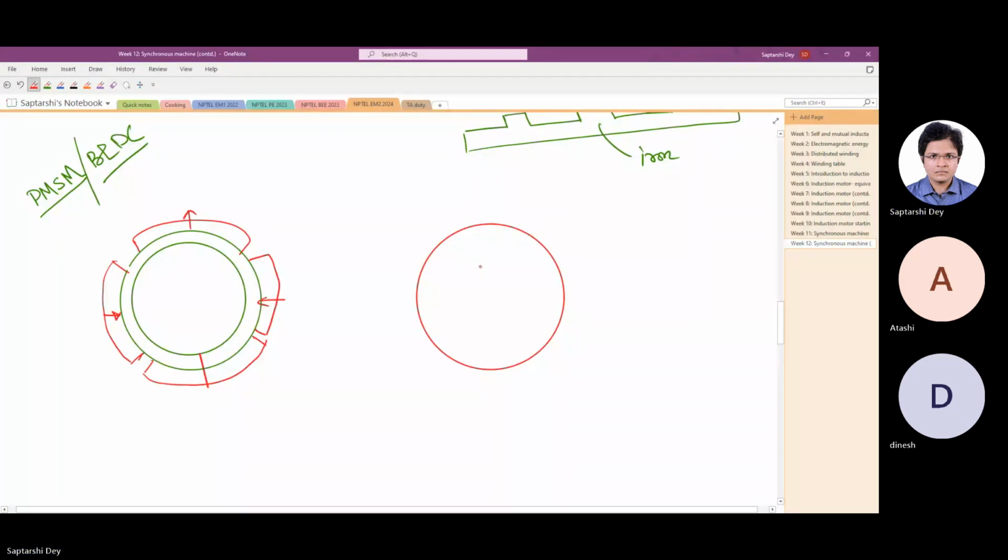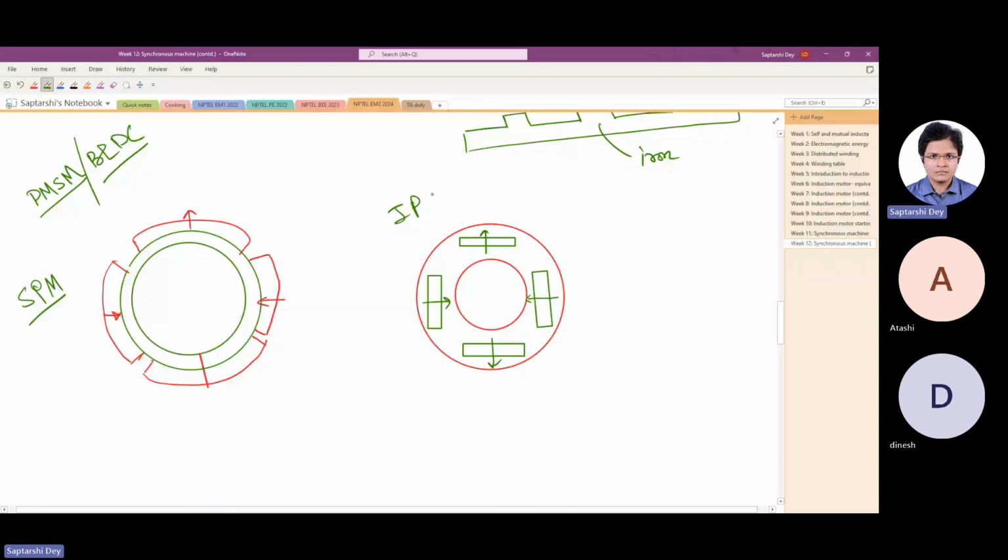Or it may be inside the rotor. There are several topologies also. Like this, here also the direction is like this: outside, inside, outside, inside. Now this is the surface permanent magnet, and this is the internal permanent magnet.